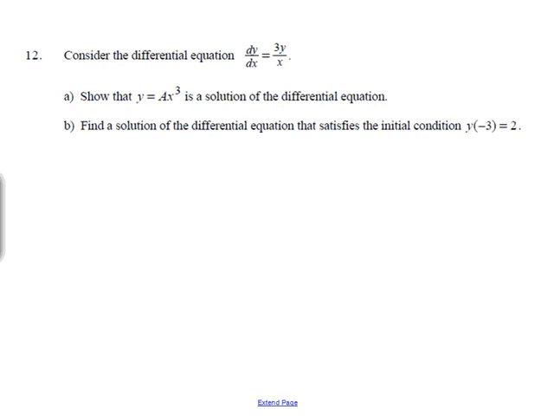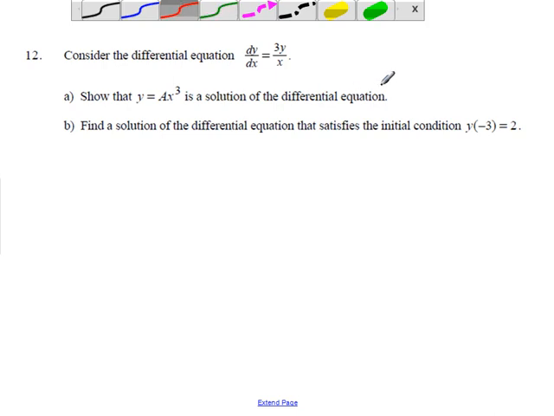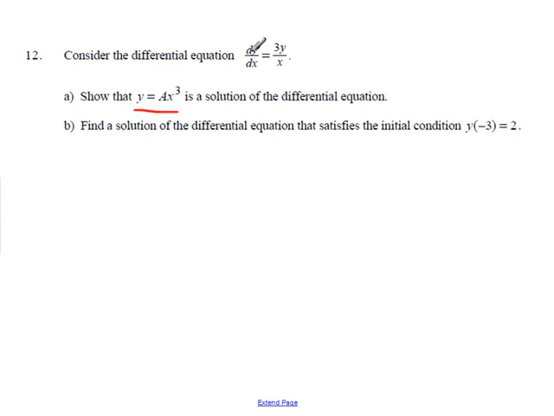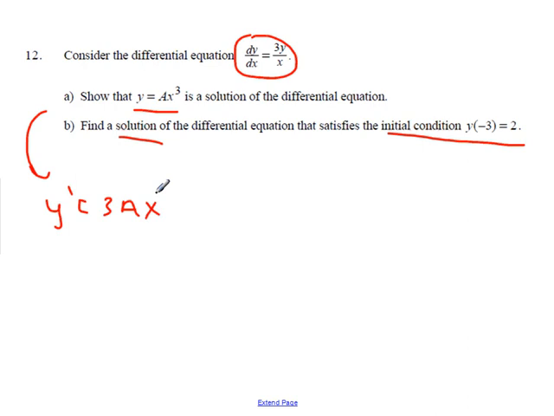Okay, so now let's do both steps together. Let's show that this is a solution to the following differential equation, and then let's find the exact solution for it to meet some condition. So in part A, we know that y prime would equal 3a x squared, and we want to show that that equals this, where y prime equals 3 times y.